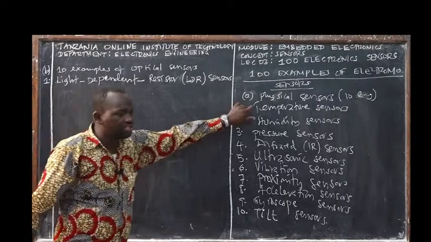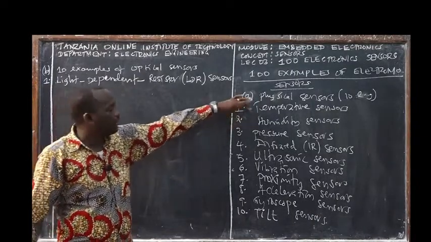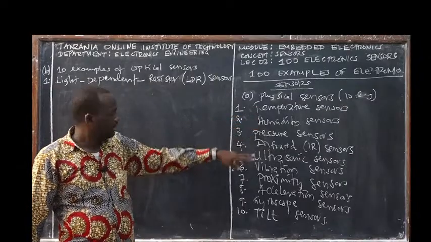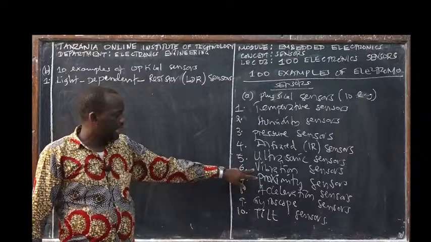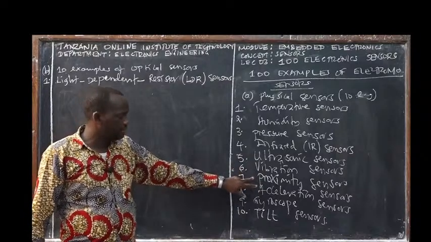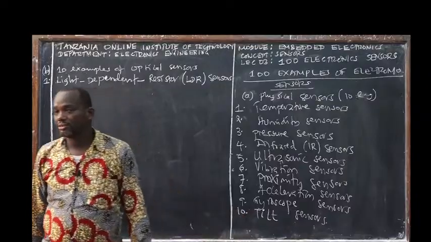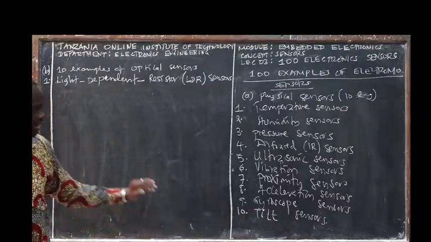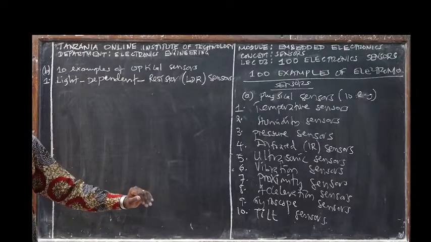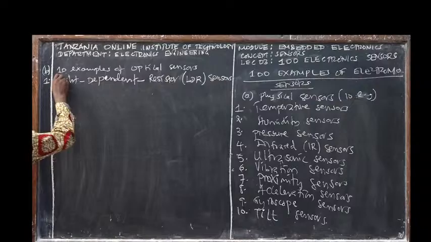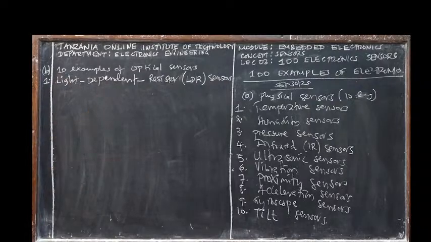Remember that this is an analog sensor. But you can have analog digital sensors, right? So the first one is called light dependent resistor or LDR. Say light dependent resistor or LDR sensors.